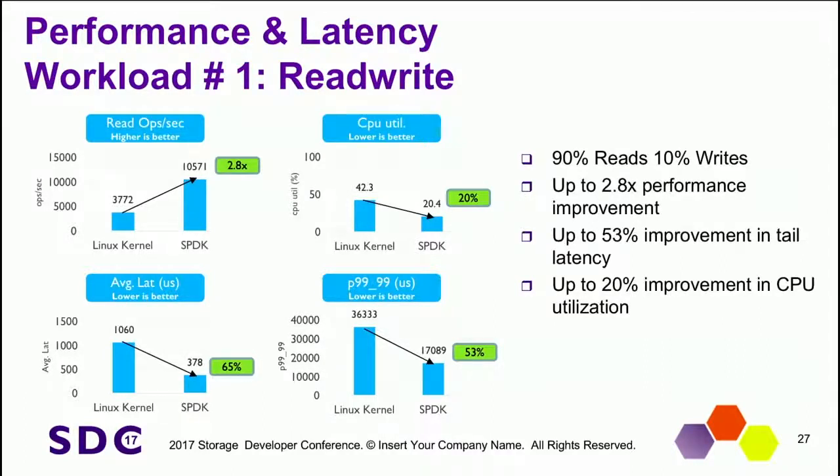When the Linux kernel does a flush operation, all the threads which are reading are blocked while this sync operation is happening. But in the SPDK case, since it's asynchronous driven, there is no queuing mechanism there. So we see a 53% improvement in tail latencies with read-write, which is a pretty common workload in dbbench.